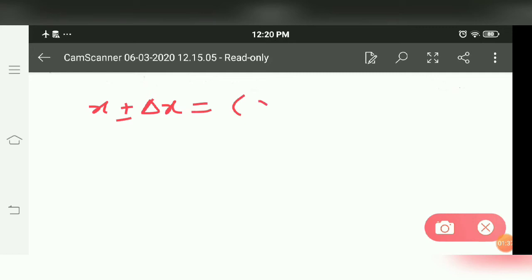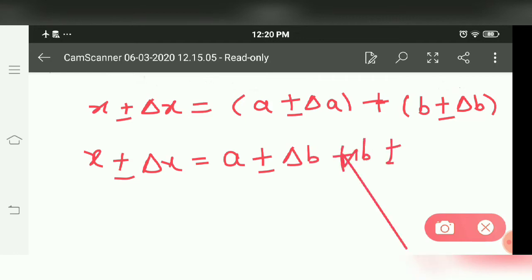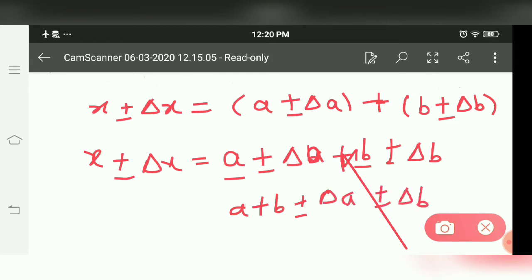So x plus minus delta x is equal to a plus minus delta a plus b plus minus delta b. Now a plus b, and here we get delta a plus minus delta b. This is equal to x plus minus delta x.